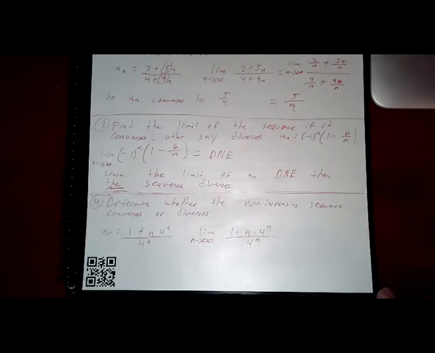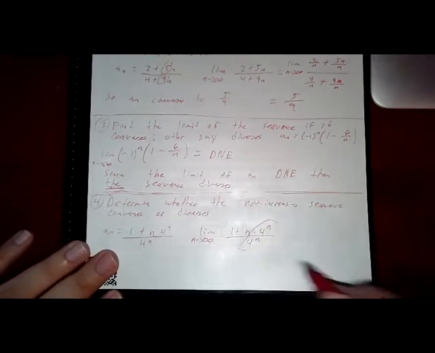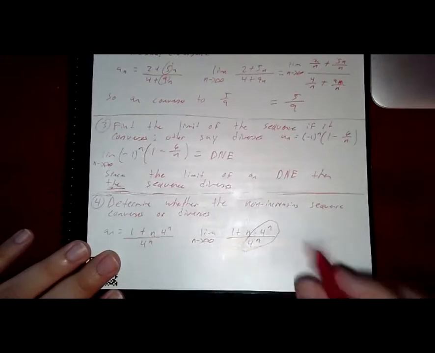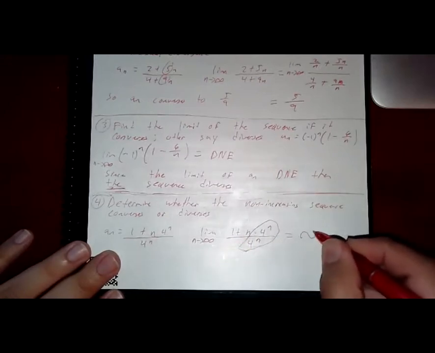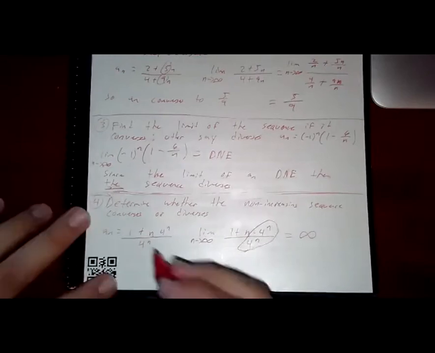So you agree that these are going to cancel out, right? Right. But then you have n plus 1, so this limit is just going to keep going, right? Yes. So it diverges.